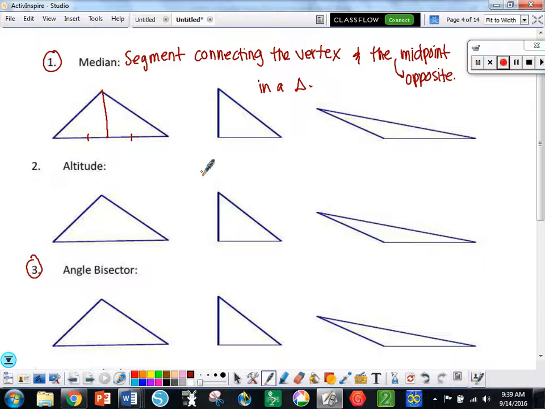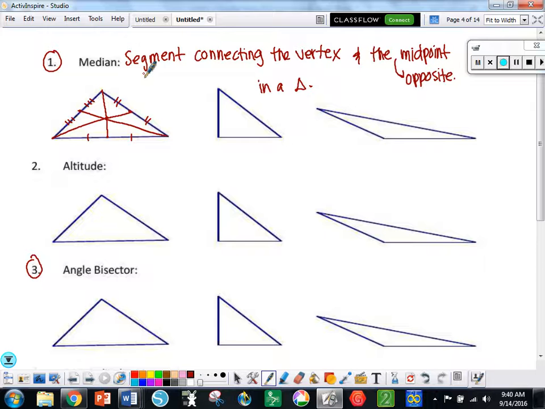How many medians would be inside of a triangle then? 3. So there's 3 vertices, which means I have one that starts here, ends roughly there. So it's something like that. Now, interestingly, all of the medians match up at one point.